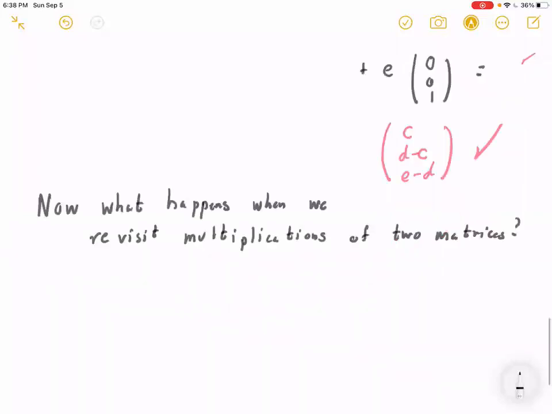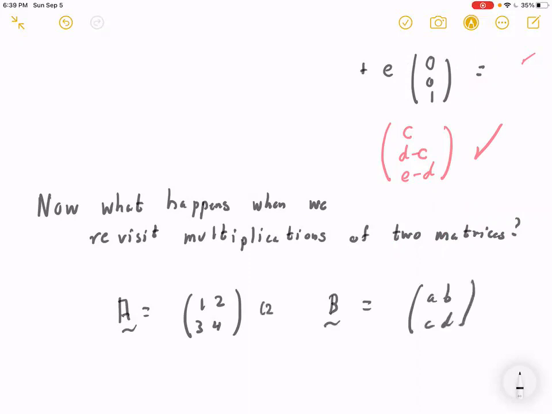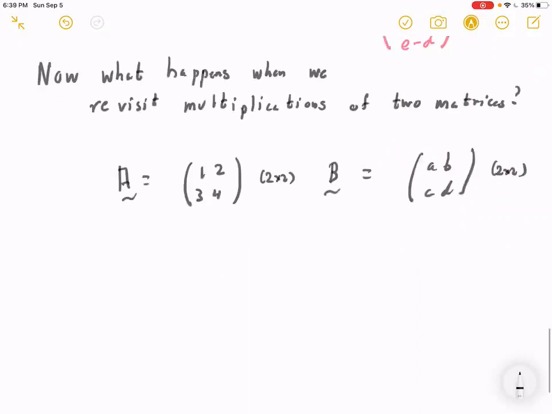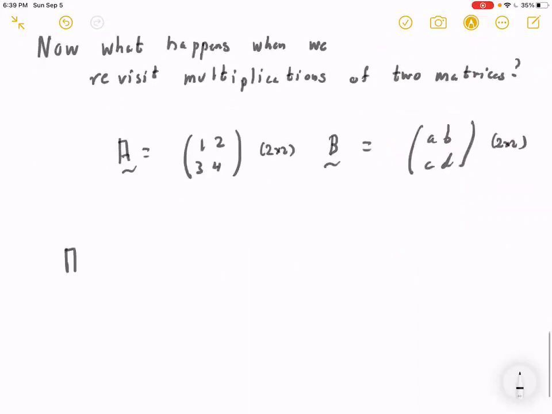In particular, let's take an example of A. It looks like that. And B, that we'll write in a general form. Both of these are square matrices of order 2, and they are certainly compatible for matrix multiplication. So let's ask, what is this?